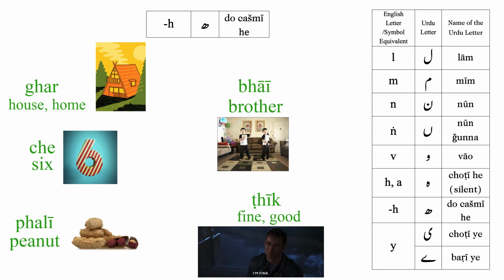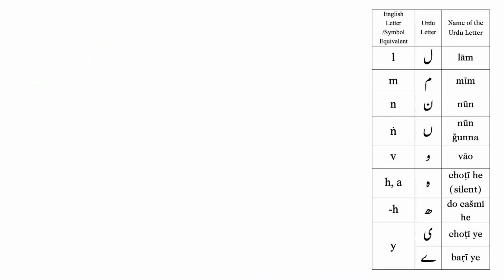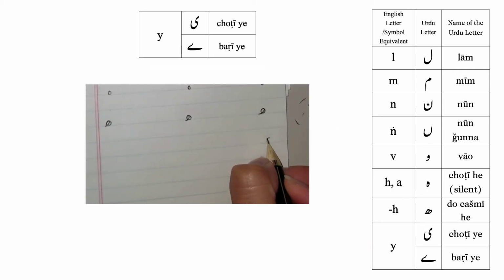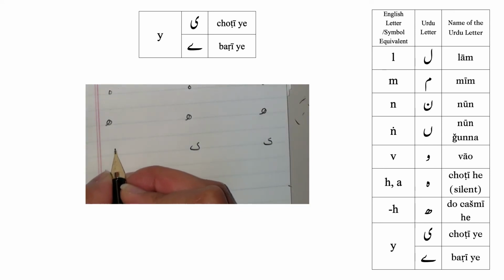So let's keep moving. After do chashmi hai comes ye. Some texts differentiate between badi ye, which is big ye, and choti ye, little ye. Though they make the exact same sound, they are only different in how they are written, and of course, we'll discuss that in great detail in the video dedicated to ye.